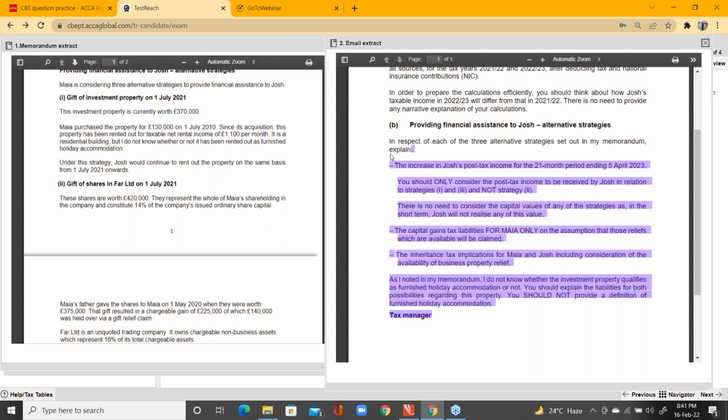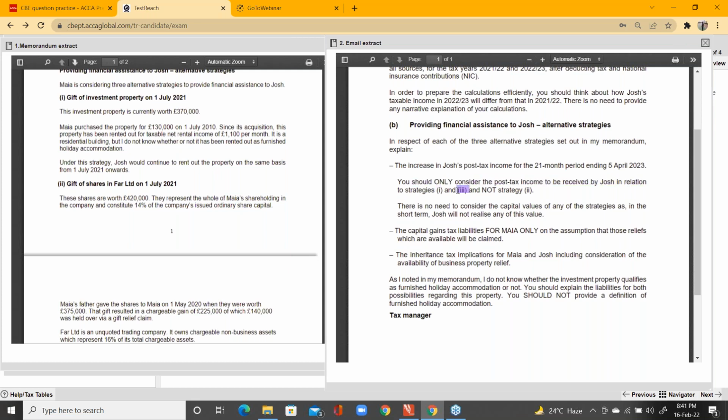Explain the increase in J's post-tax income for the 21-month period ending 5th April 23. You should only consider the post-tax income to be received by J in relation to strategies 1 and 3, and no need to calculate additional cash under the second strategy where he is getting shares of FAR Limited.